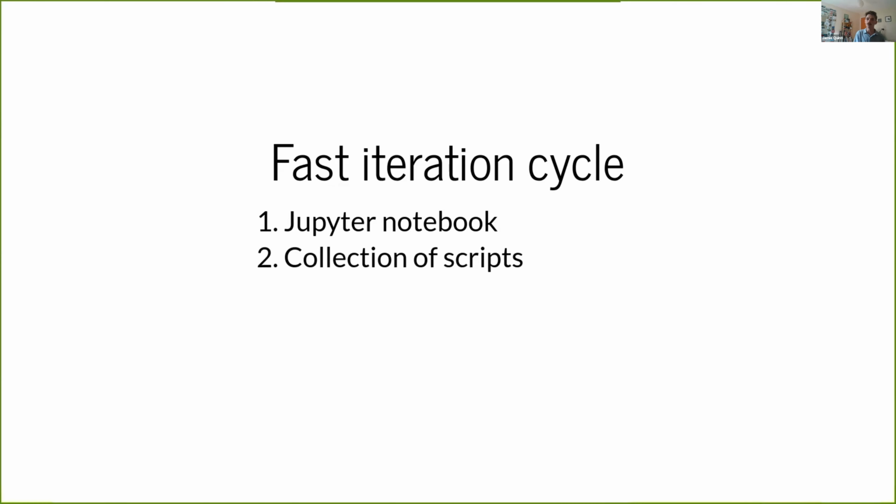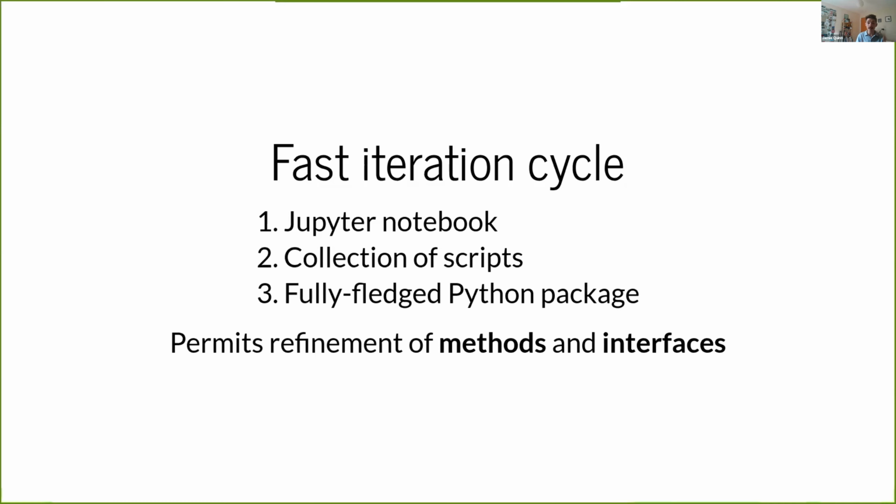And then Melvin moved to just a collection of scripts. I managed to add a few little tests with PyTest and that kind of thing. And then it turned into a fully fledged Python package. So it was this nice cycle at each point, allowing me to refine the numerical methods, which is important in high performance computing because you want your numerical method to be as suited to your problem as possible.